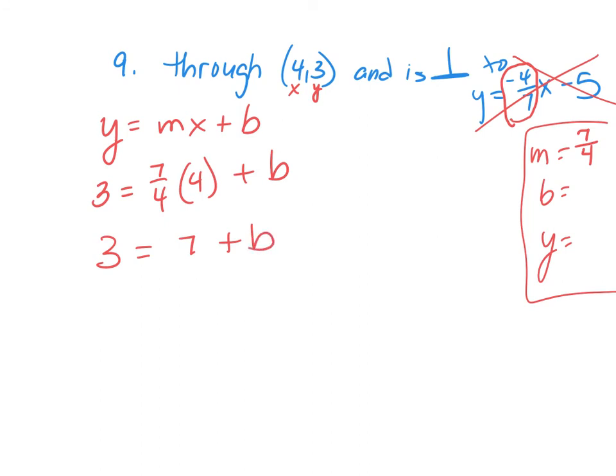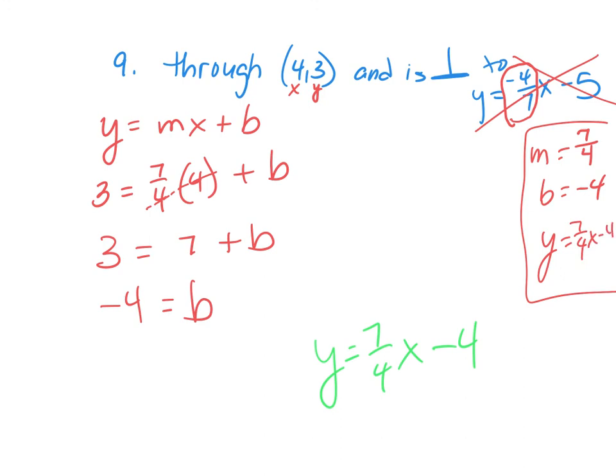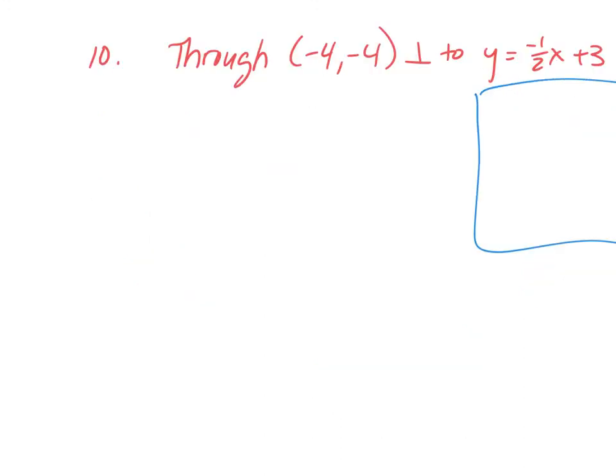Notice these 4's bite the dust, so it's equal to 7. And b equals -4. So I'm going to put my -4 over here. Am I ready to write my equation? y equals 7/4 x minus 4. And we're done.